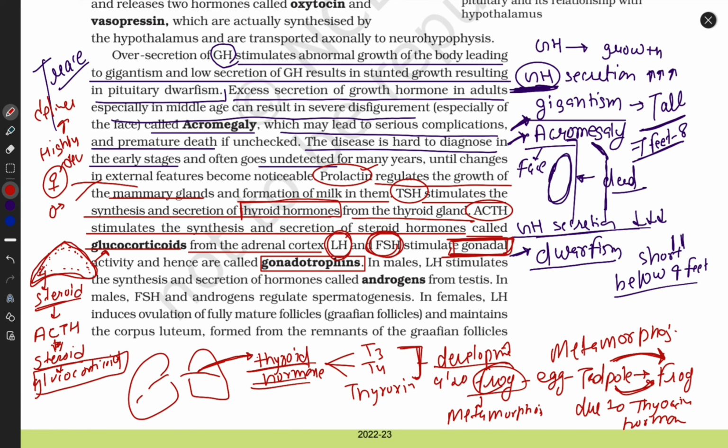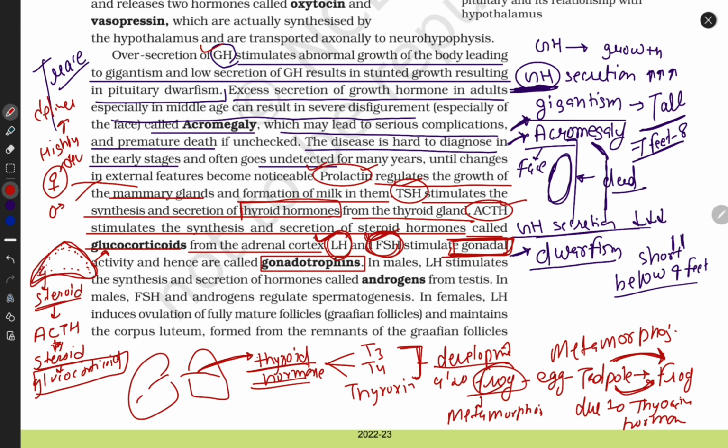Adenohypophysis. Which one? Adenohypophysis. And the adenohypophysis is divided into two parts, pars distalis and pars intermedia. So pars distalis releases luteinizing hormone and FSH, all kinds of GH, prolactin, TSH, ACTH, LH, FSH.